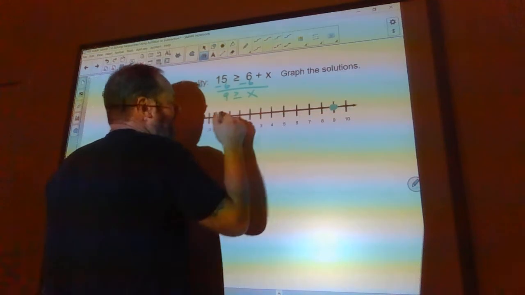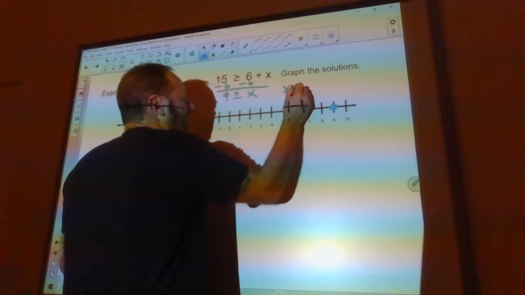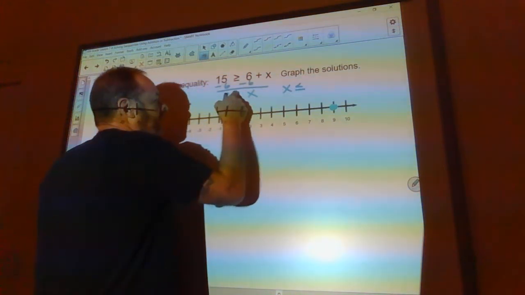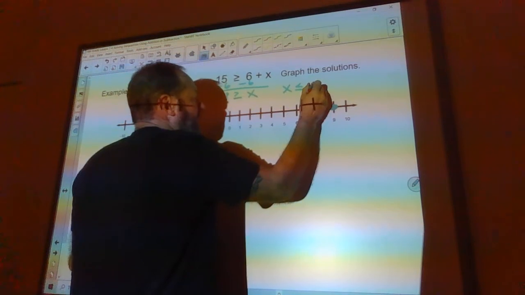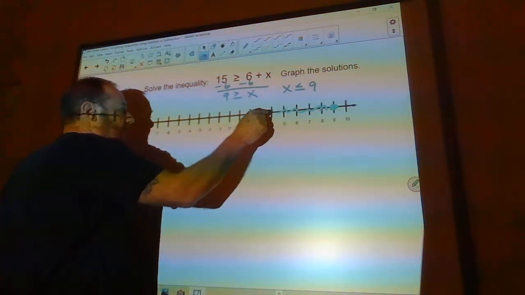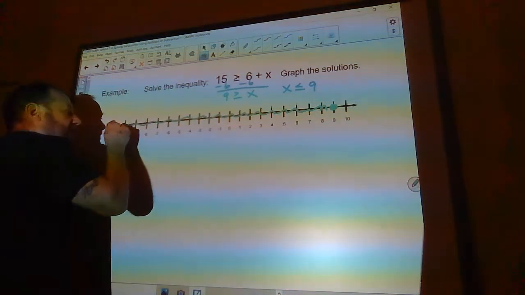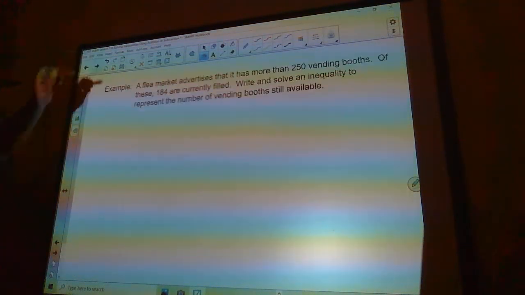So it might be better for you to rewrite this with the x on the left side. Notice that the arrow is pointing towards the x, so it should be pointing towards the x here. This is actually x is less than or equal to 9, and so I'm going to shade this side of the graph over here. So that's a little bit tricky. Be careful of problems like that.